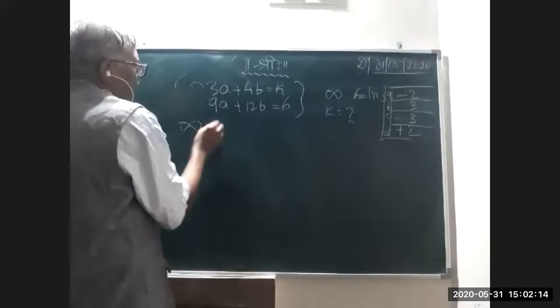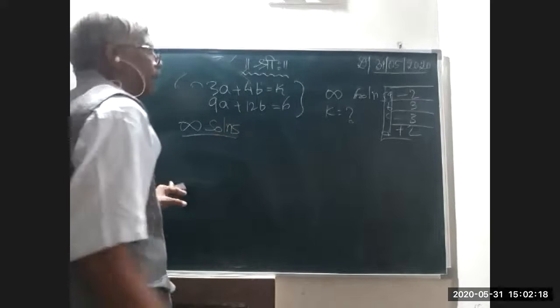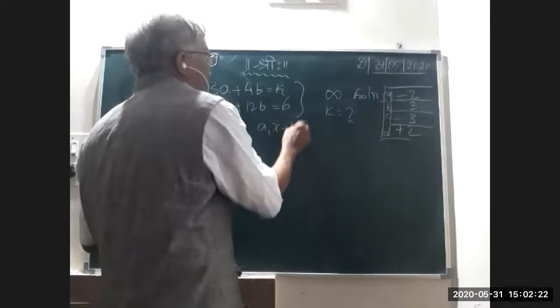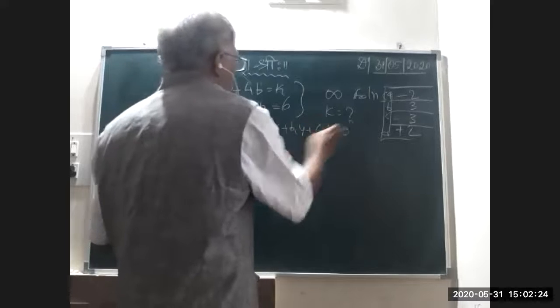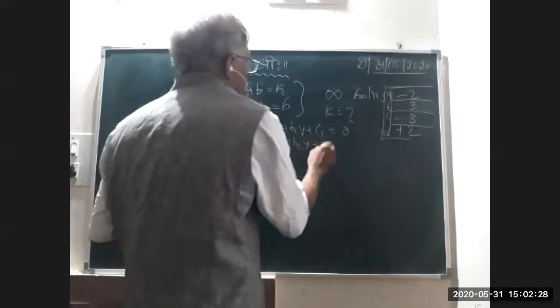Now, what we had, the tabular column, infinite solutions. For infinite solutions, what did we have? We had the equation a1x plus b1y plus c1 is equal to 0, a2x plus b2y plus c2 is equal to 0.